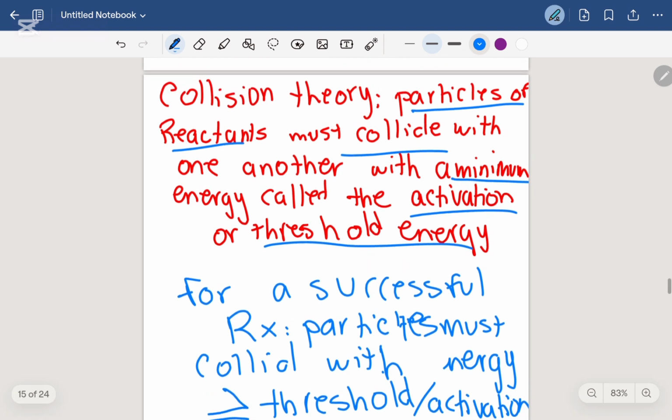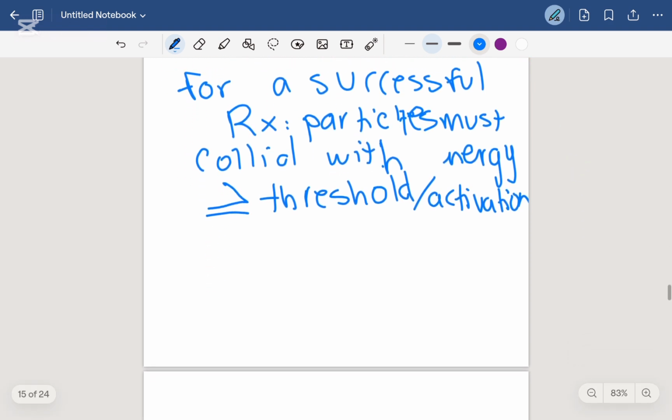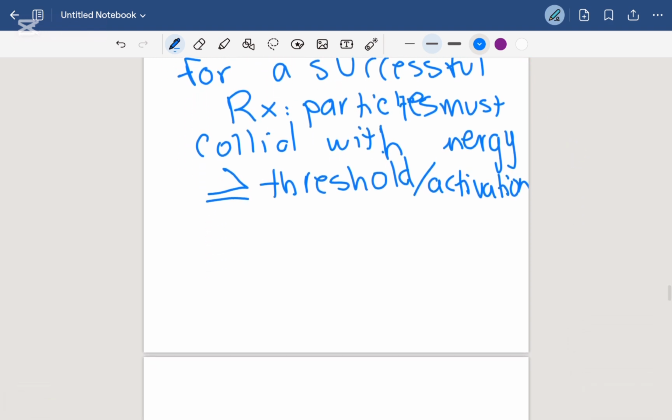Again, the collision theory states that particles of a reaction, mainly the reactants, for them to do a proper reaction, they must collide with one another with a minimum energy called activation or threshold energy. In other words, for a successful reaction, particles must collide with energy which is greater than or equal to threshold or activation energy.